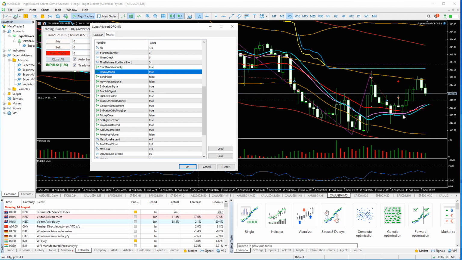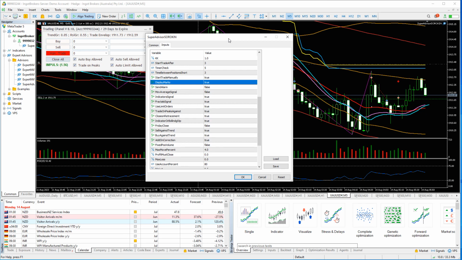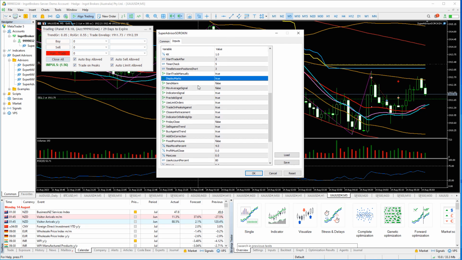Display marks puts marks for the short or long. It's just giving you ideas how to trade. Send alarm can send an alarm to you. There's also a moving average signal, which tells you if the price bar crosses the moving average, with a signal. It's really convenient. It lets you have plenty of free time instead of staring at the monitor. It checks every second.